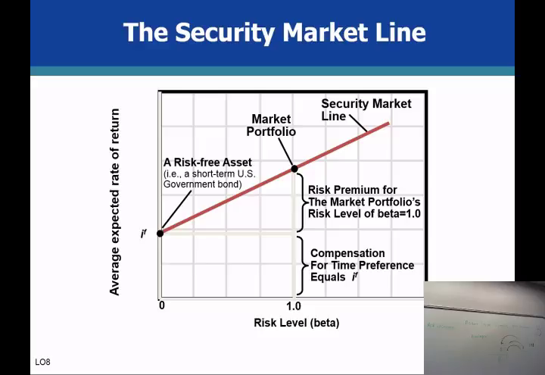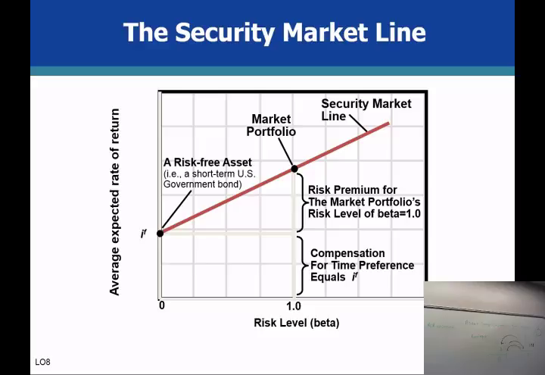Okay, again, beyond the 1.0. So the more risk that you take, the deeper the water, the higher your average rate of return, because you're swimming with the big boys. All right, here you're still going to see sand, see your toes in the sand. So that's what the security market line refers to.